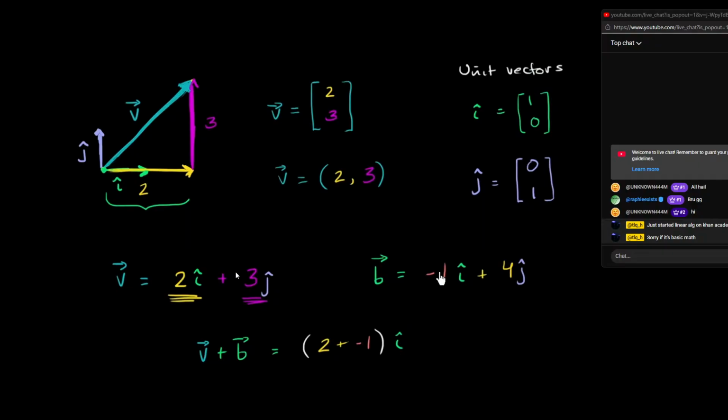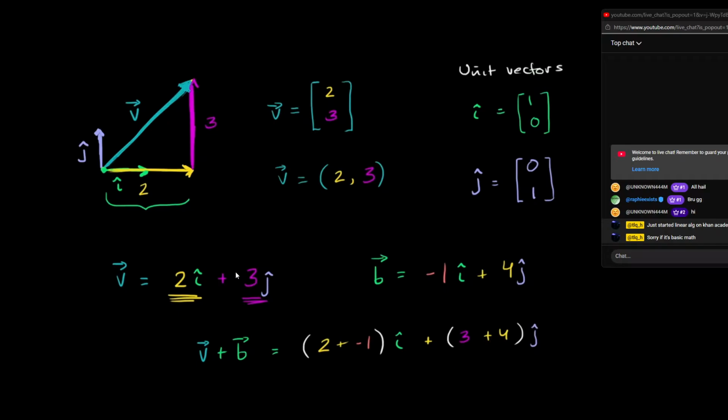This just goes back to adding the corresponding components of the vector. And then we're going to have plus 3 plus 4 times the unit vector j in the vertical direction.